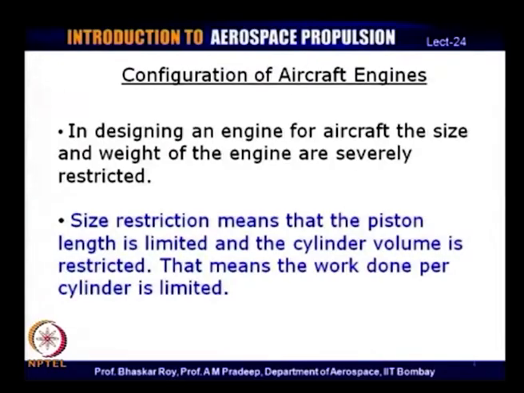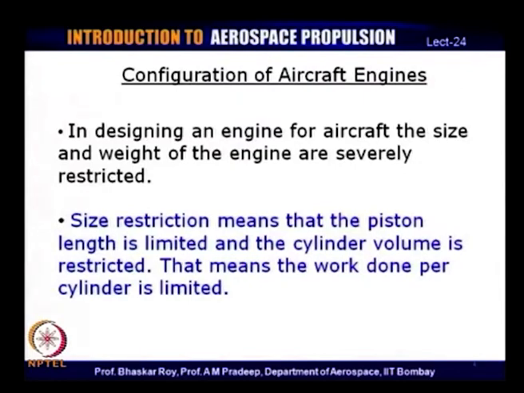This is one of the reasons why, for example, aircraft do not use diesel engines, which, as you know, are higher in weight because they operate under higher compression ratios, and those compression ratios give the diesel engine higher efficiency.